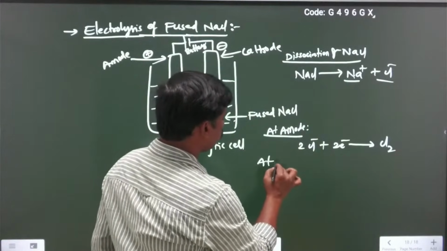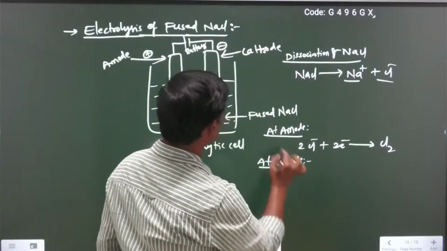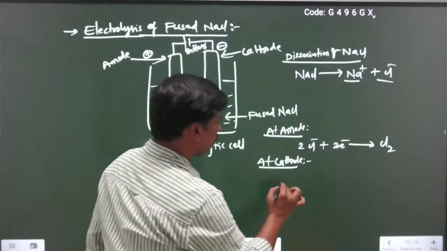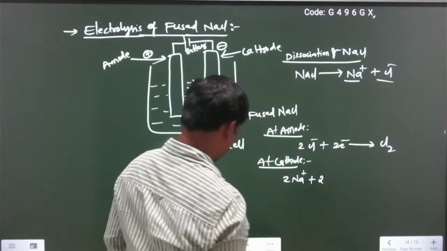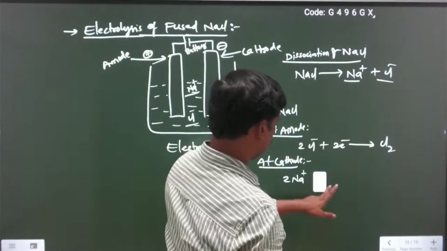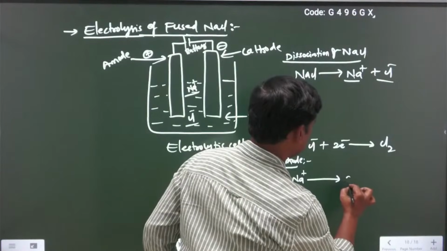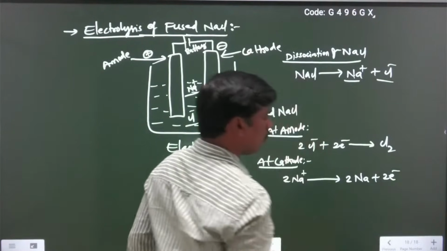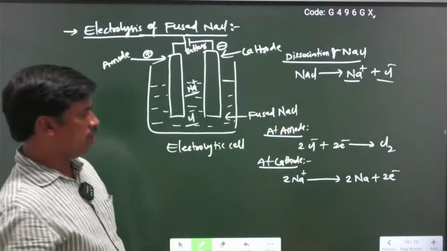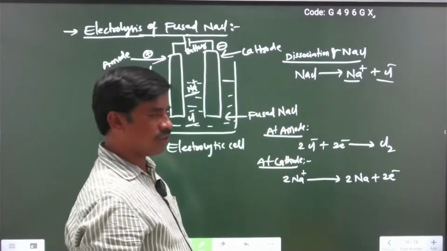At the cathode, the negatively charged electrode, 2 sodium plus ions combine with 2 electrons, a reduction reaction, to convert into 2 Na. At the cathode reduction takes place, at the anode oxidation takes place.